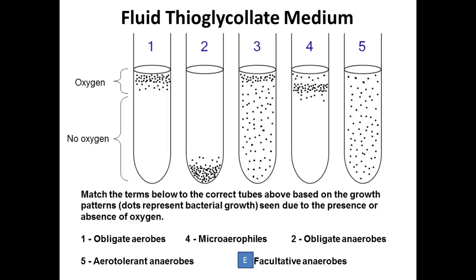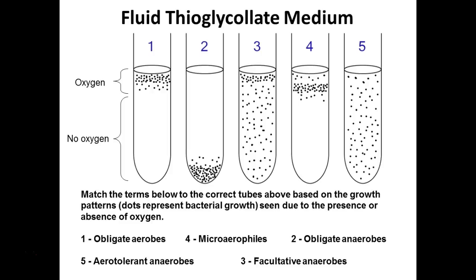Yeah, they're anaerobes, right? Remember, they're not using oxygen. So it doesn't matter that oxygen is here or not here. Their growth rate isn't going to be affected. Unlike the last tube, which is clearly our facultative. And the reason why we know that is because we'll see an increase in growth in the oxygen zone. But we'll also see growth in the anaerobic zone, right? The no oxygen zone.